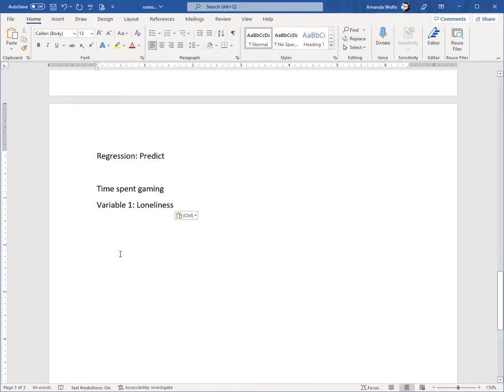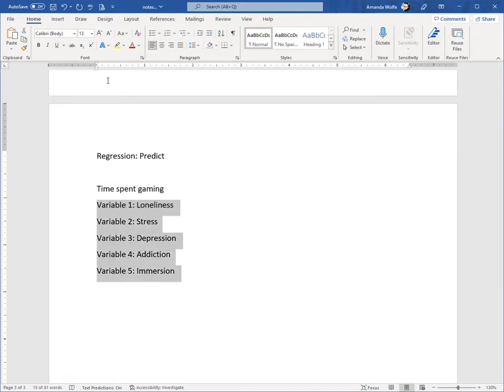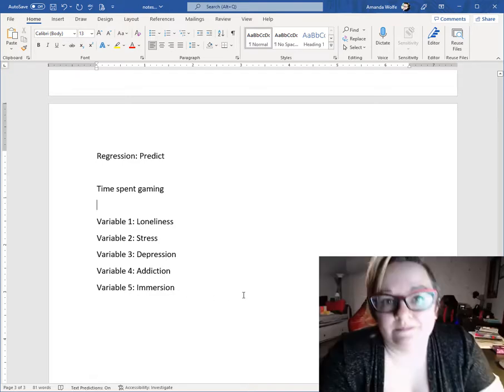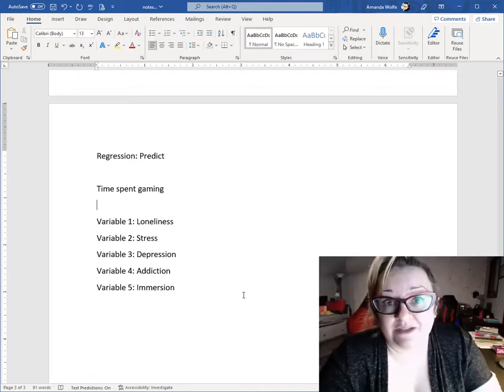But surely loneliness is not the only variable that predicts how much time someone spends online gaming. What are some other options? Let's say I'm going to look at all 5 of these variables. I'm going to look at loneliness, stress, depression, addiction, and immersion. By the way, this is very similar to my dissertation.